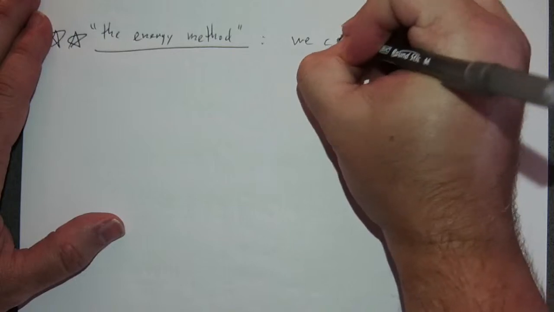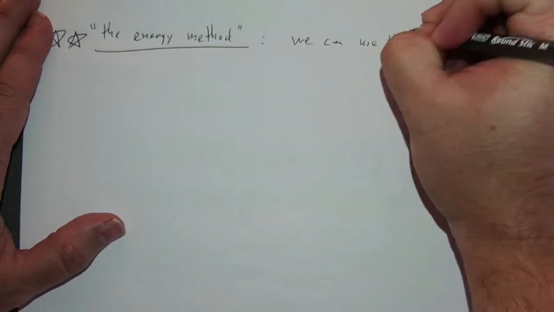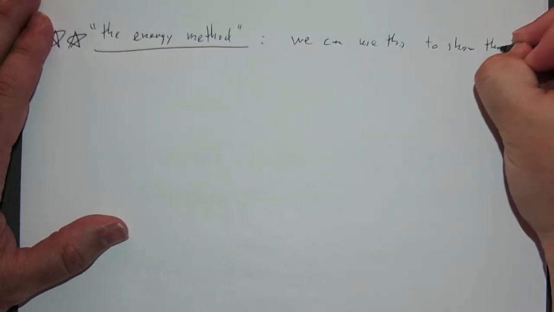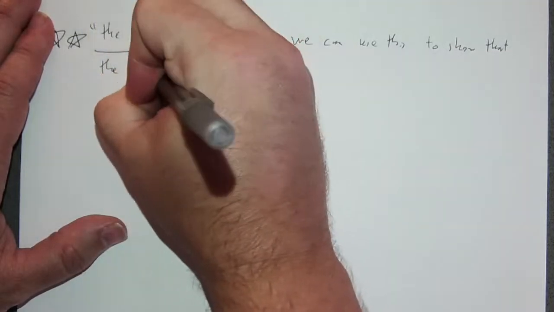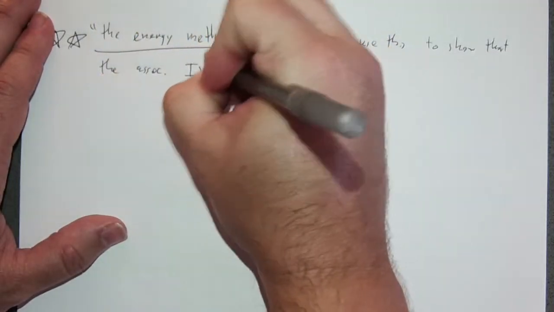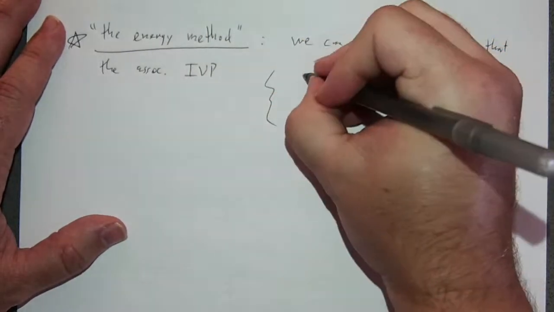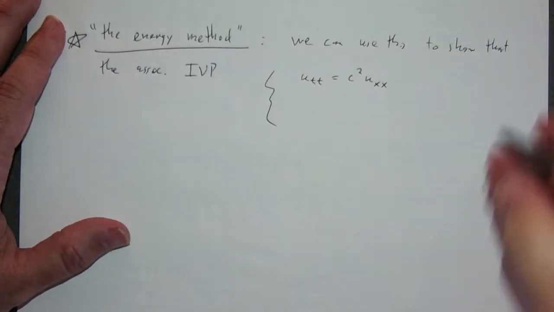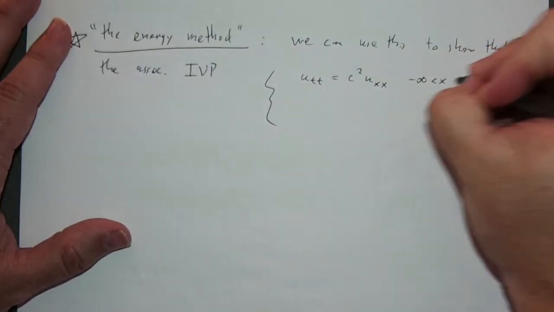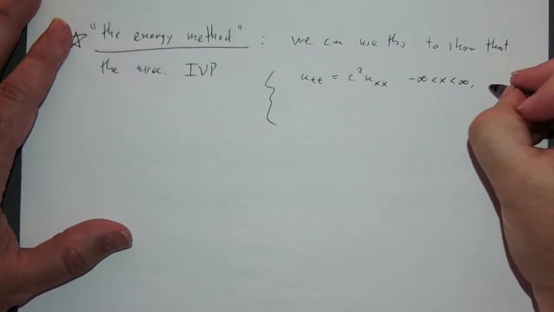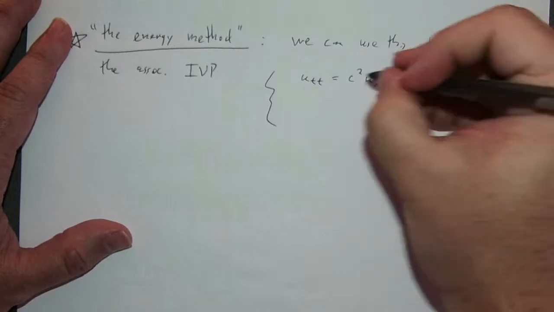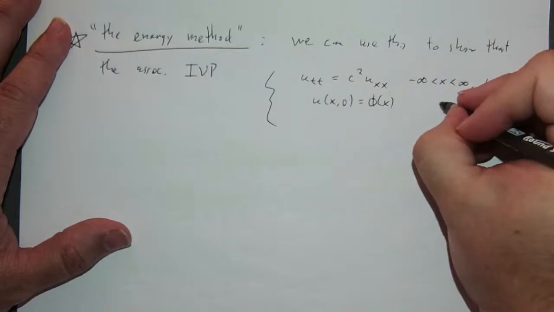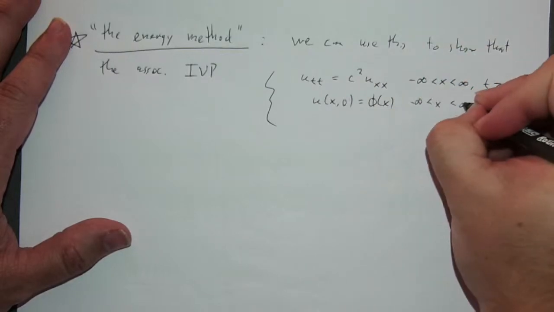We can use this to show that the associated IVP for our favorite wave equation. So here, again, this is an infinite string, and our initial displacement is phi, and our initial velocity is c.